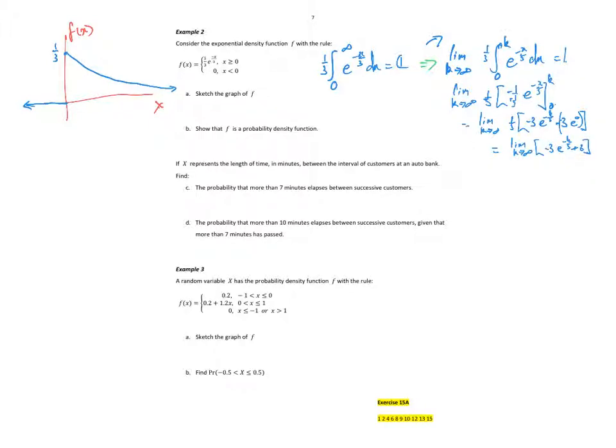Now, we can see from the graph, as k approaches infinity, this function here gets closer to 0. So we've done the limit, which is just equal to 0 plus 3. Oops, I've got the third out the front, which is equal to 1.